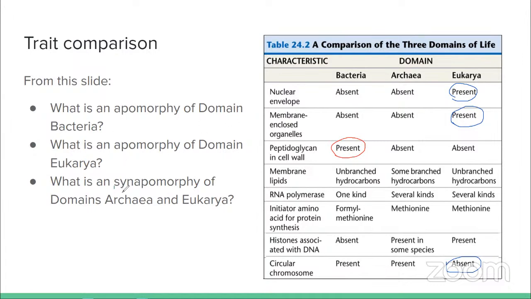So when we're thinking about synapomorphies, we're going to be thinking about a group and their shared common ancestor having that trait as well. So if I'm telling you we have a synapomorphy for archaea and eukarya, this is implying a specific phylogeny. I'm implying that they have a shared common ancestor of those two groups specifically. So if that's true, where can we find a synapomorphy on this chart?